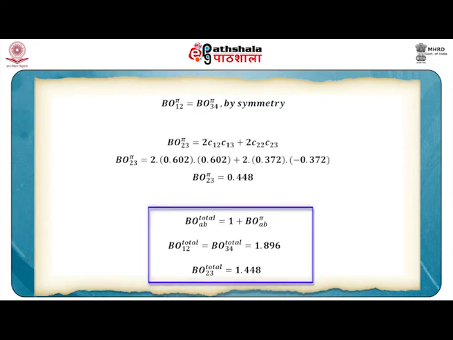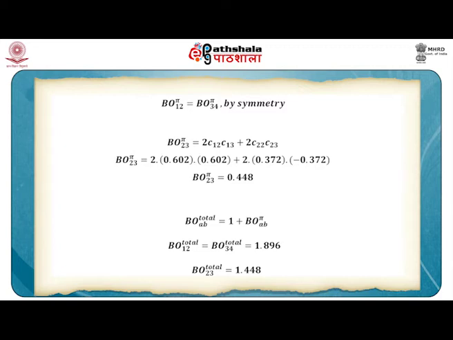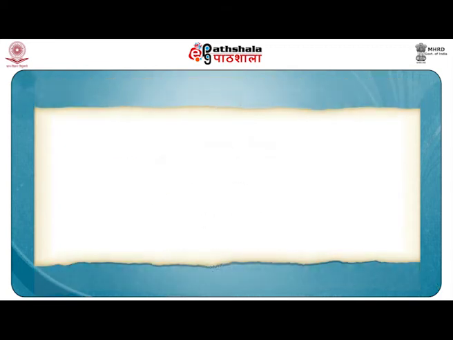Please see here that 1 is the sigma bond order and 0.896 is the corresponding pi bond order. Similarly, the bond order between the carbon atoms 2 and 3 would be 1.448. Here again, the sigma bond order will be 1 and the pi bond order between 2 and 3 would be 0.448.